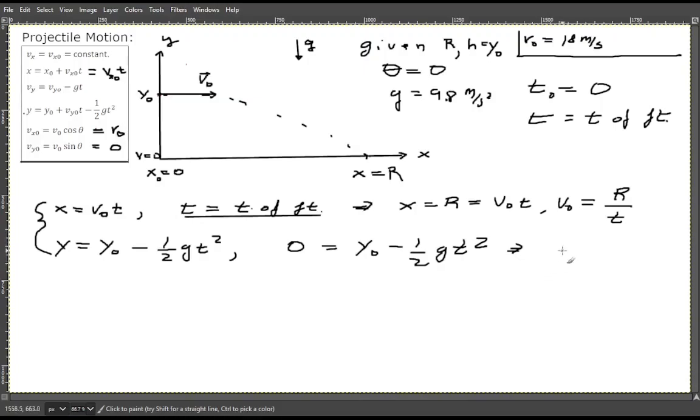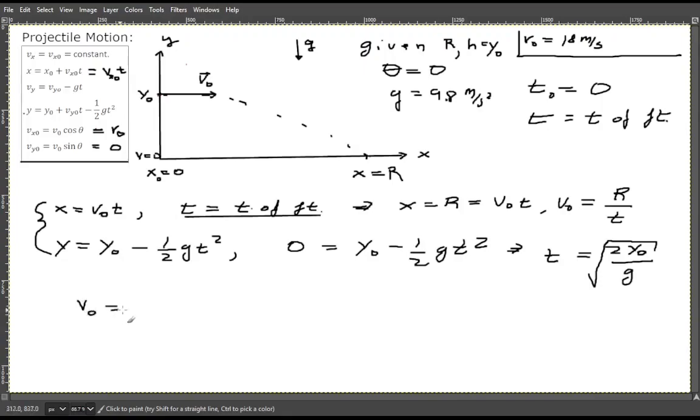So let's solve for it. It's going to be the square root of 2y0 divided by g. Great. So we have that, and then we can put that in. Now everything's known here. g is known, y0 is known, we measured that. Just substitute that in for v0.